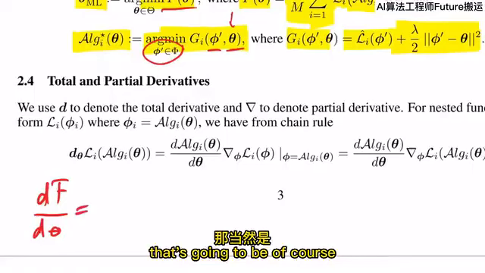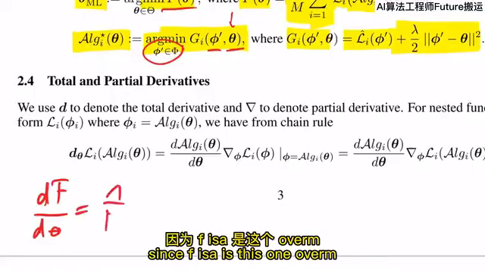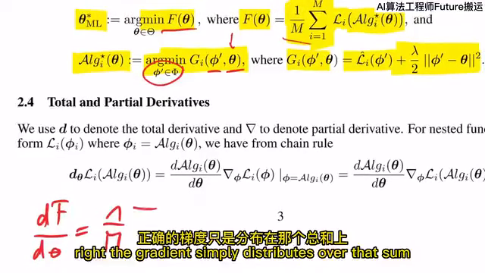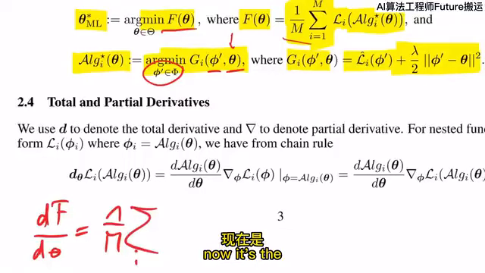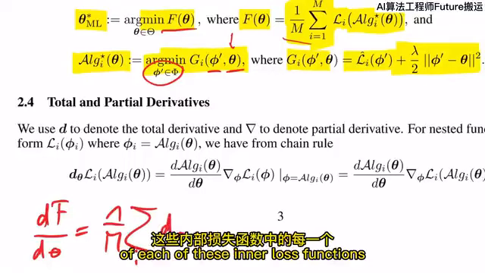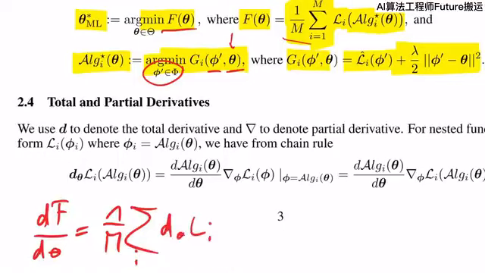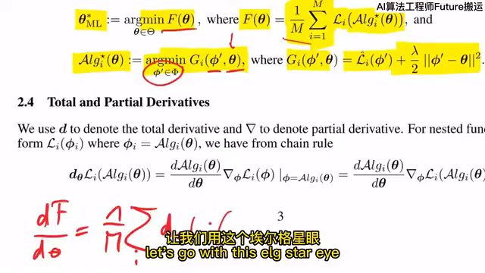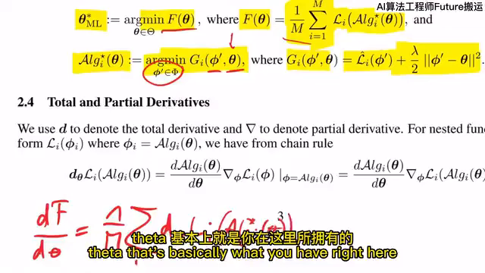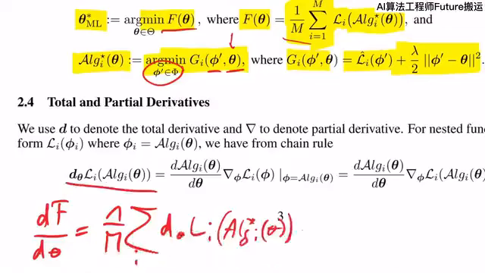Since f is this 1 over m sum up here, the gradient simply distributes over that sum. Now, it's the derivative of each of these inner loss functions. Let's go with this alg star i theta. That's basically what you have right here.